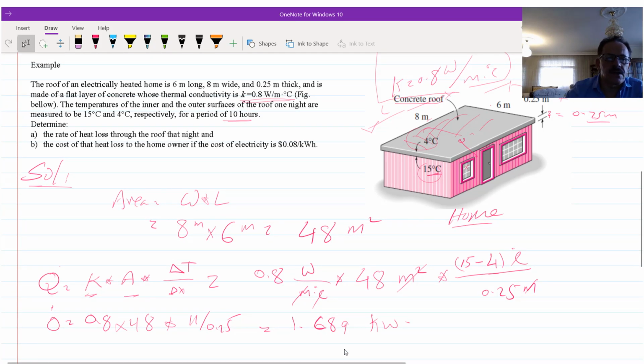This is the answer of how much it will be over that night. By the way, 1.689 kilowatt means 1.689 kilojoule per second.